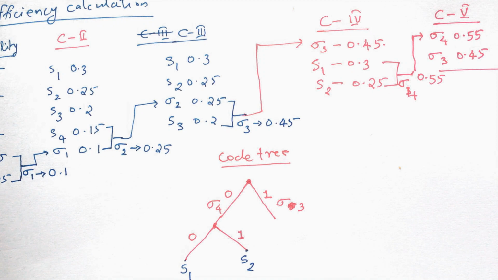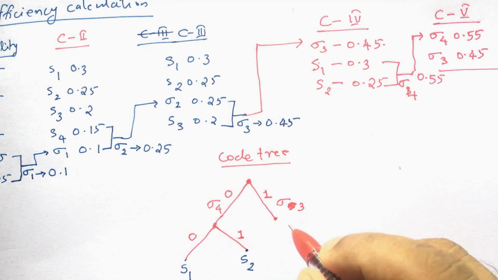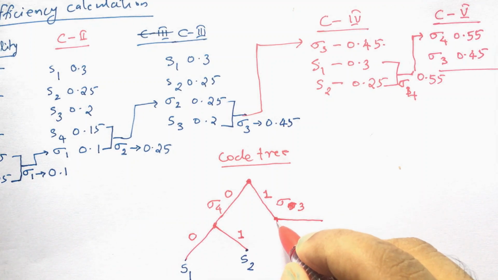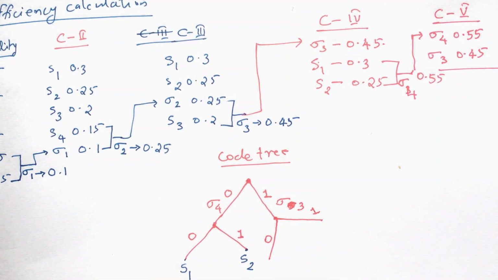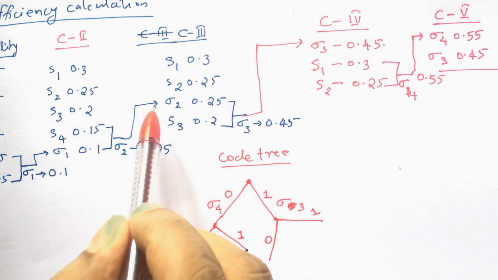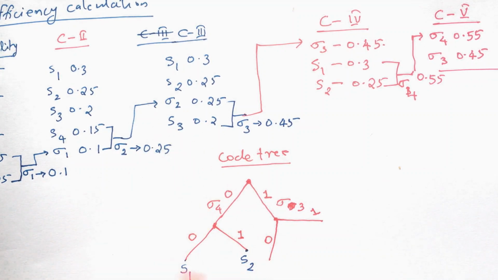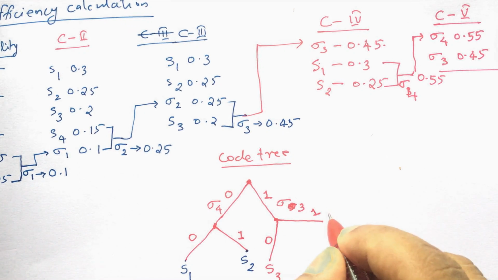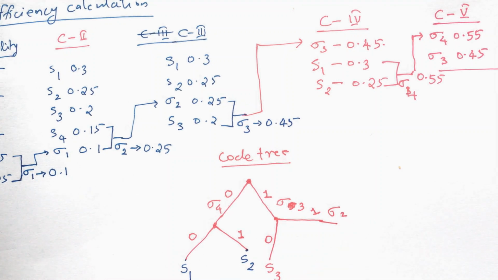Then in the next branch we have sigma 3. We need to branch sigma 3 again, assigning 0 and 1. Know that sigma 3 is generated from sigma 2 and S3. So I am assigning S3 here and this node as sigma 2.